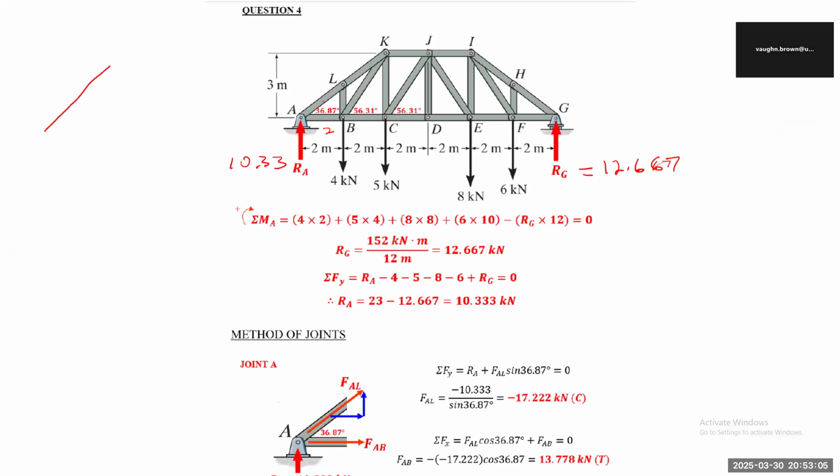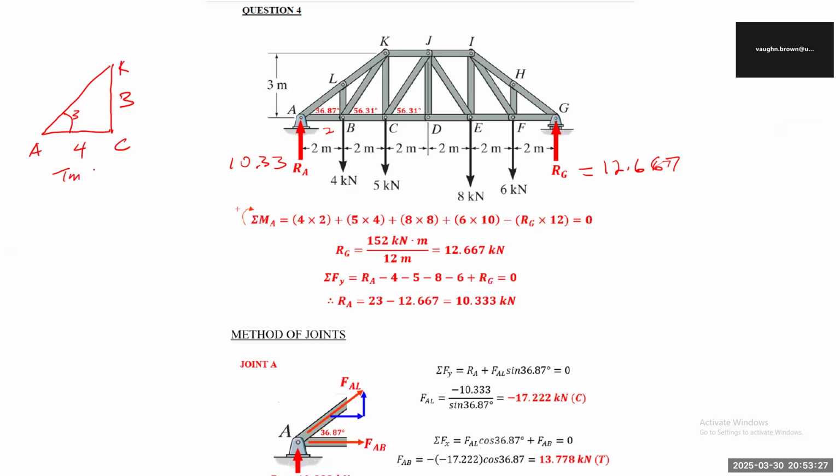So you have to look at your geometry. ACK. Now, what information do I have? I have that this is 3 and this is 4. So automatically I know the angle. You can use your tan.